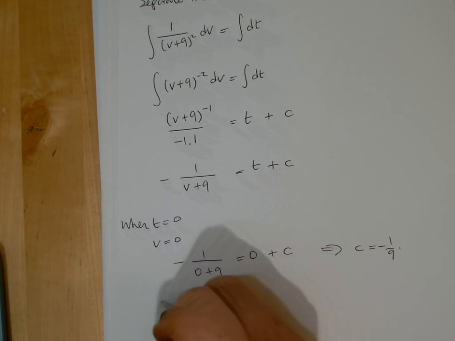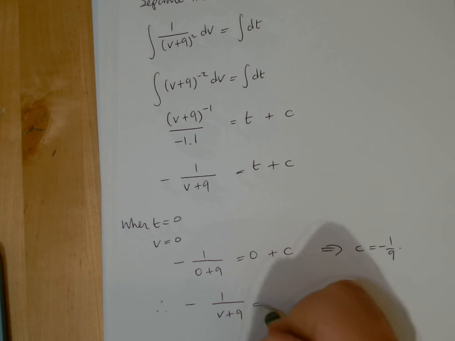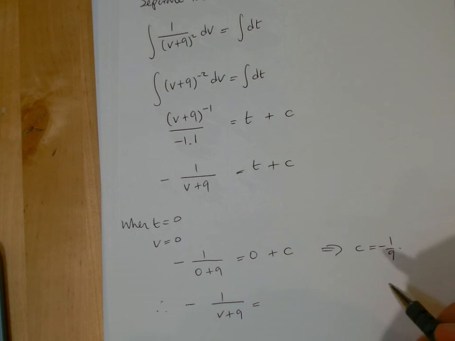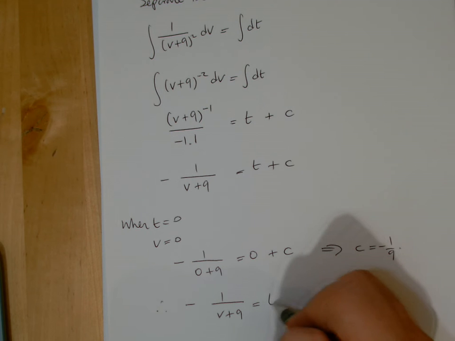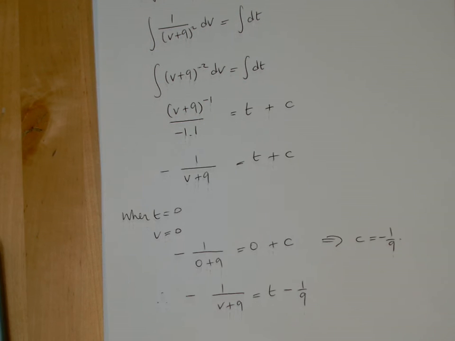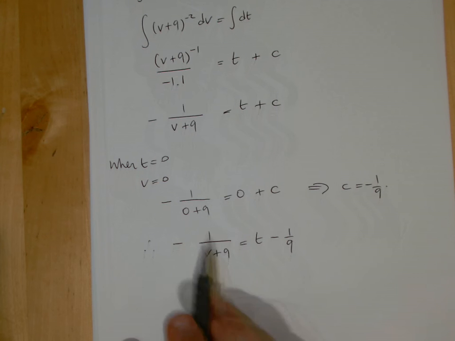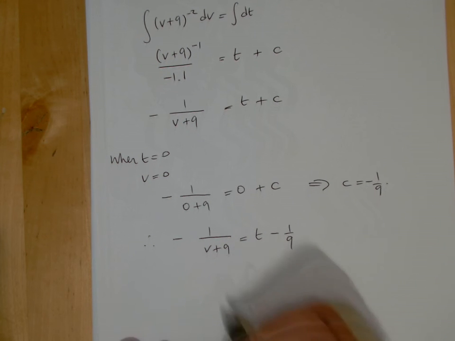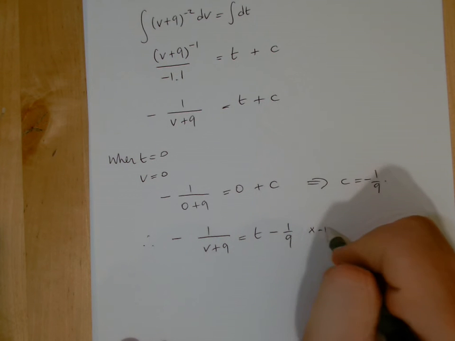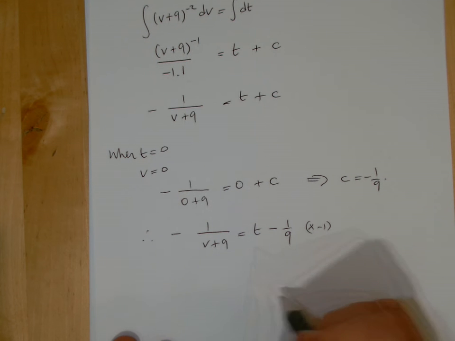So therefore, we've got minus 1 over (v plus 9) is equal to, what have we got, t minus 1/9. Okay. Now what I'd be tempted to do here to make this simpler is, because we've got two negative terms here, let's times through by minus 1.